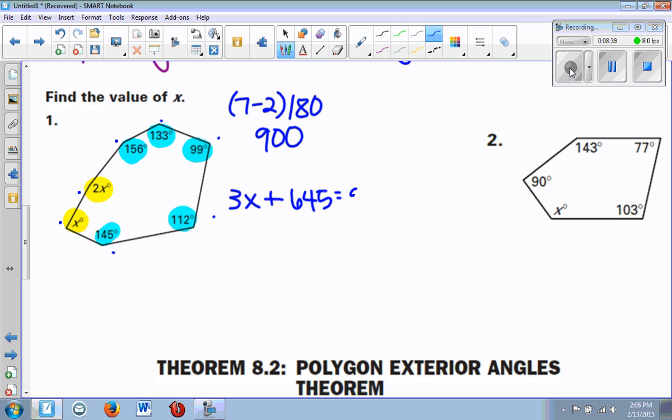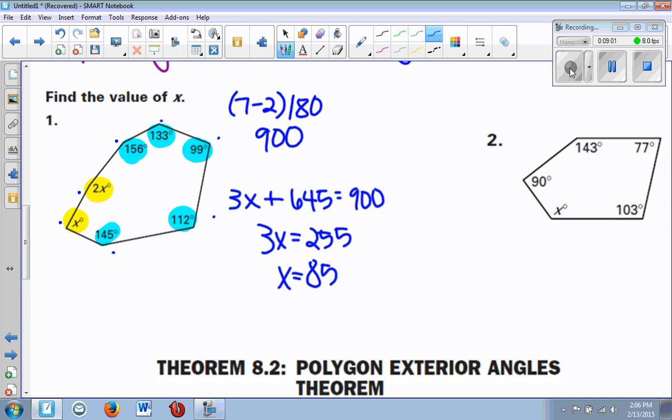And we just said that they have to all add up to 900. Subtracting, we're going to get 3x equals 255. And then dividing is going to give us an x value of 85.